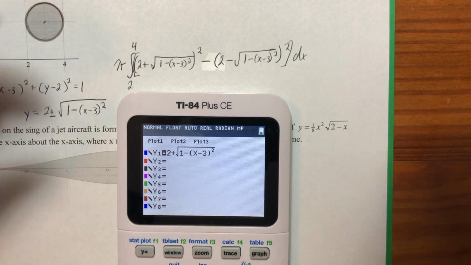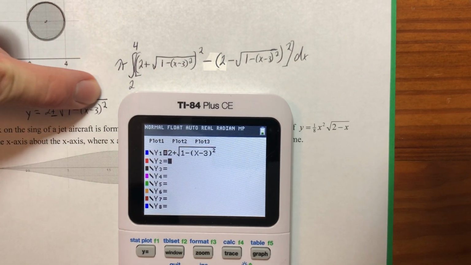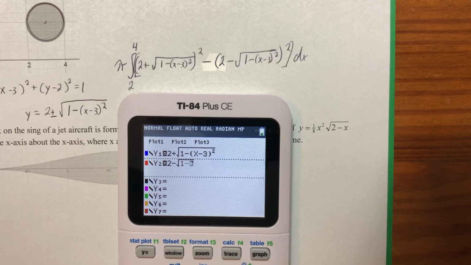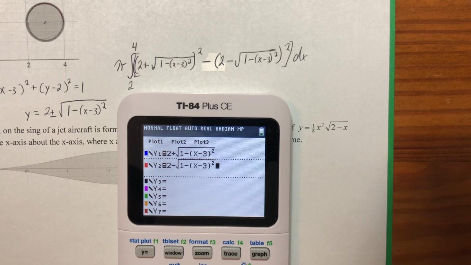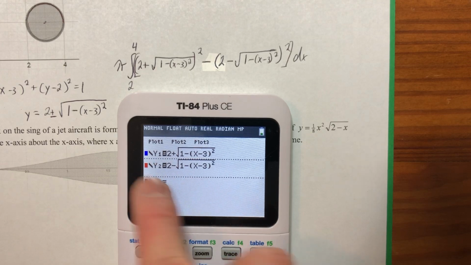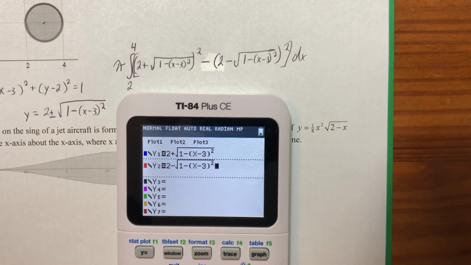I'm going to just glance at it and make sure it's exactly the way I want it to be. It is. And then 2 minus square root of 1 minus. Now, why am I doing this here and not in the integral? Because when I put this in the integral, I'm going to have parentheses around it and square it, and it's going to be a mess, and I think it's just cleaner if you do it this way.